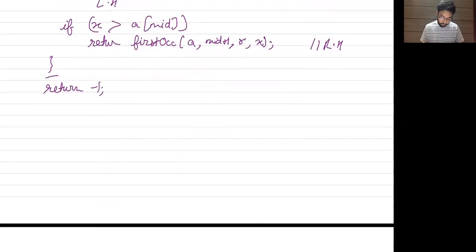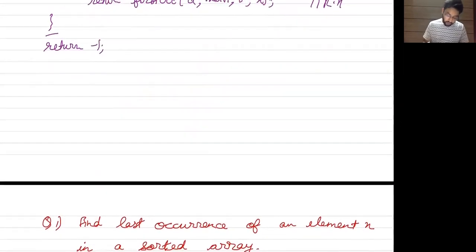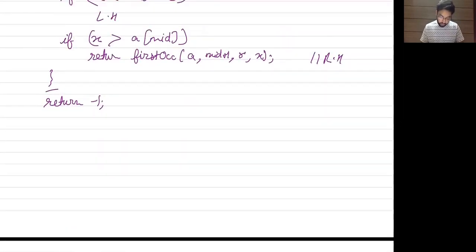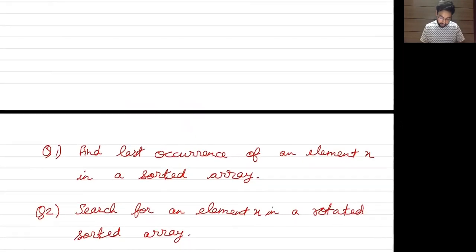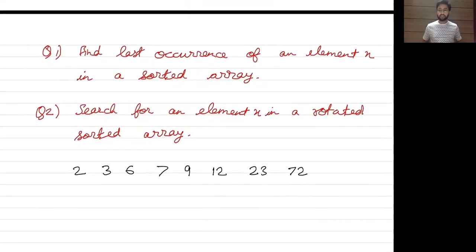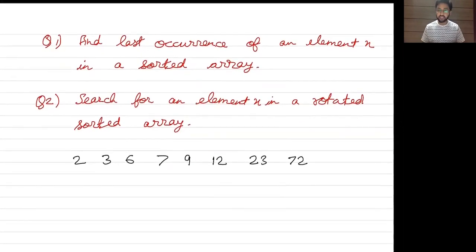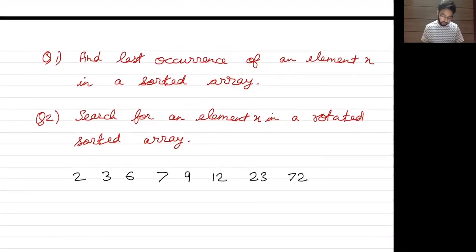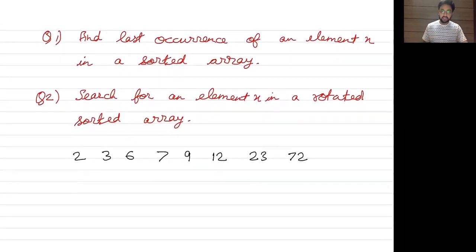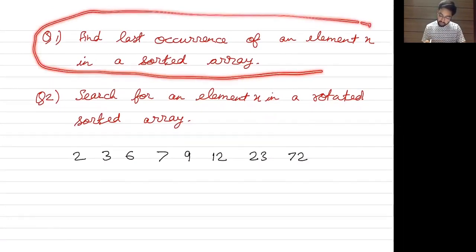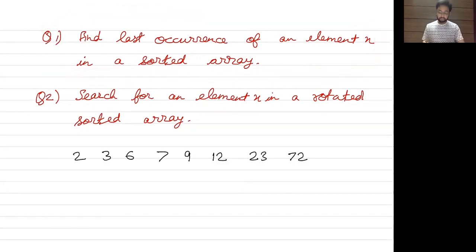All right. Now, if you understood this problem, there are several other problems based on the same pattern, which I think you would now be able to solve in a much easier way. So let's take the next question. Find the last occurrence of an element x in a sorted array.